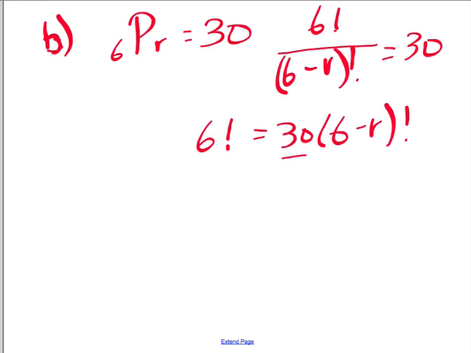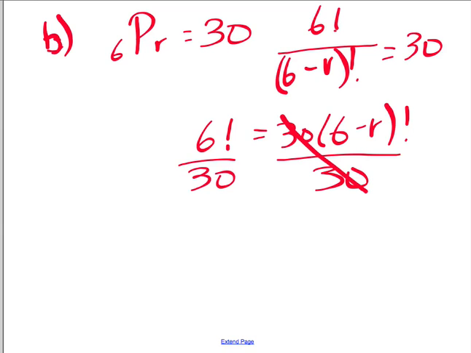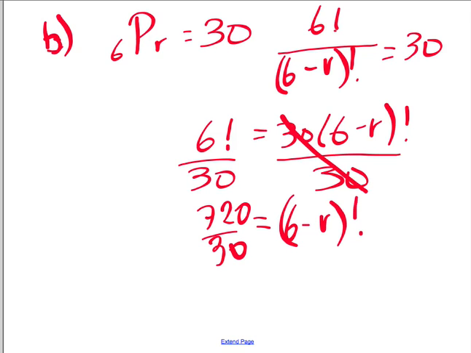And then I would divide both sides by 30, because I want to isolate that factorial. So now I can get an actual value for this. 6 factorial, I think it's 720, divided by 30 equals 6 minus r factorial.